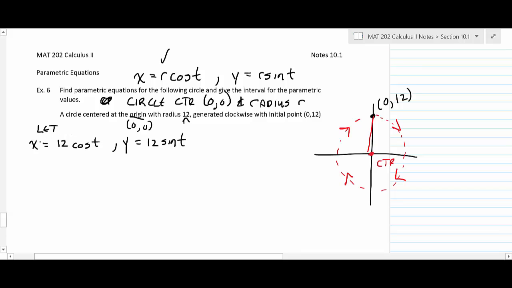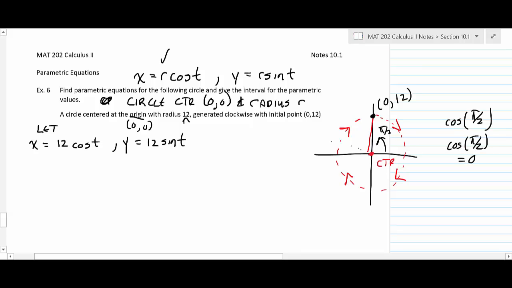The one thing I want to show you, though, is notice that this angle right here is pi over 2, right? So notice what happens if we do the cosine of pi over 2. The cosine of pi over 2 is equal to 0.